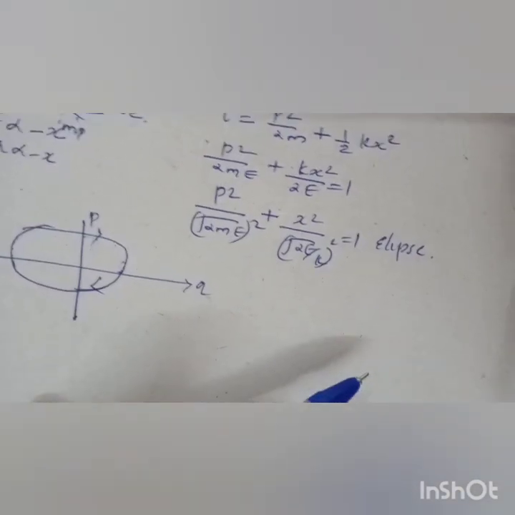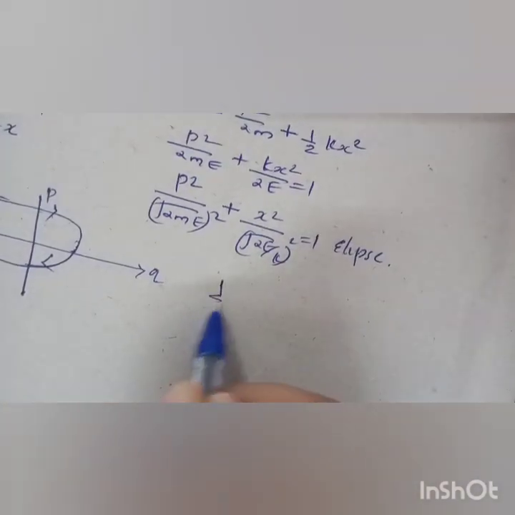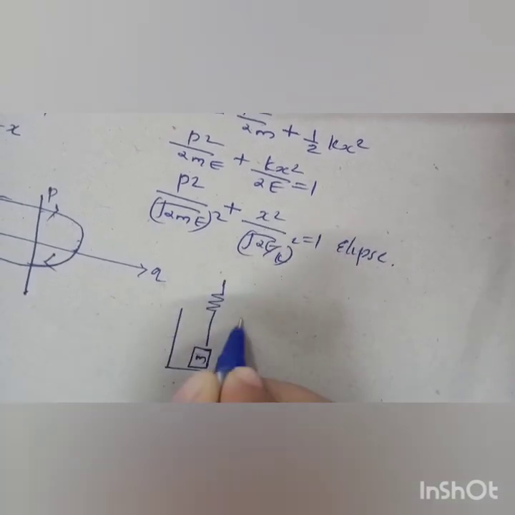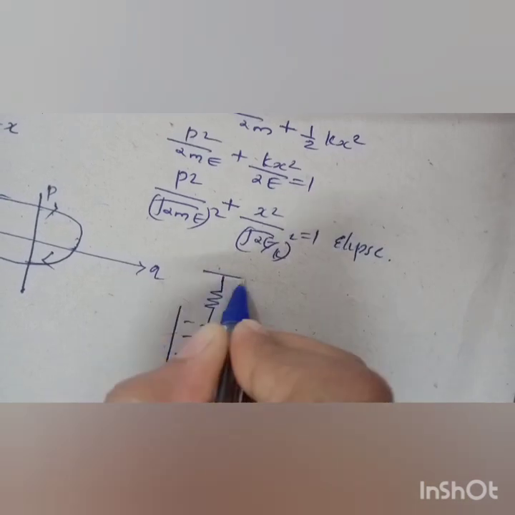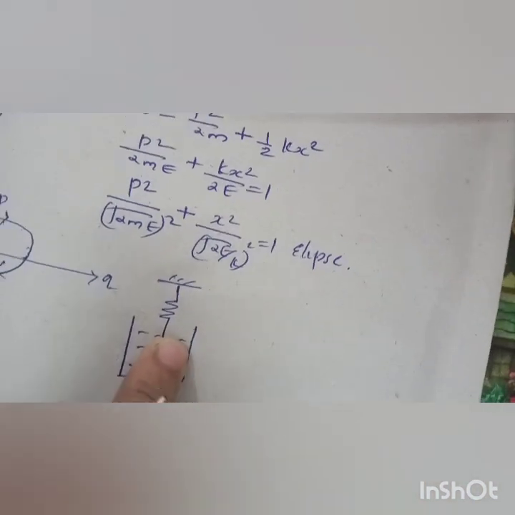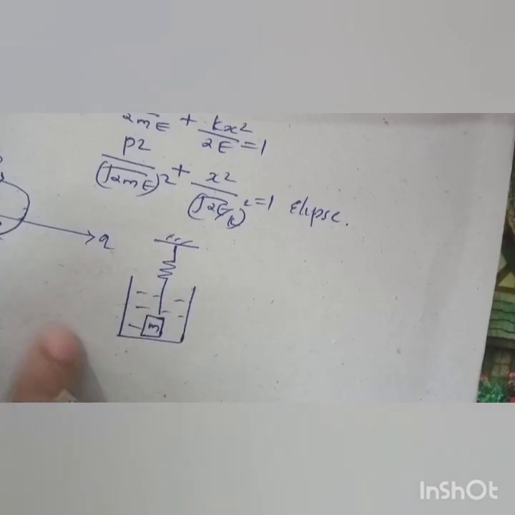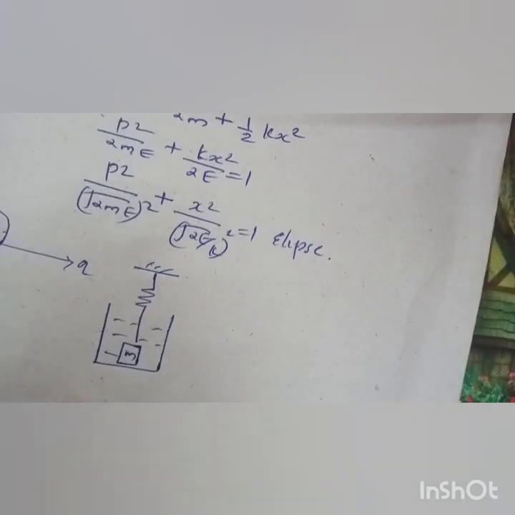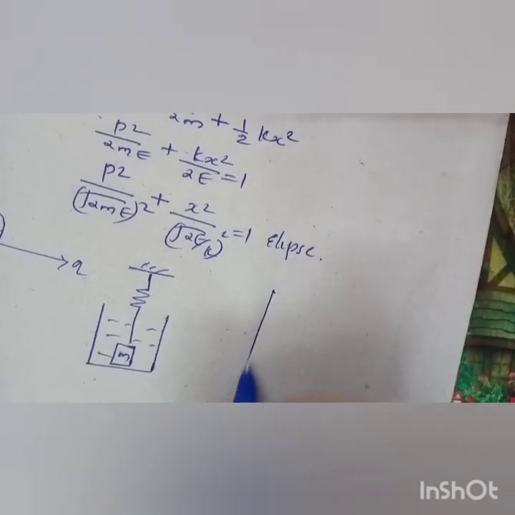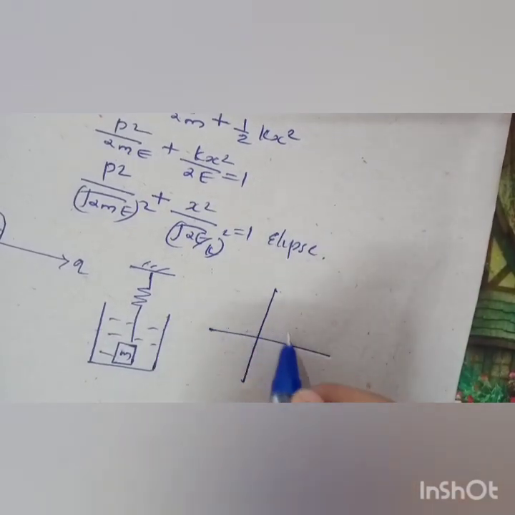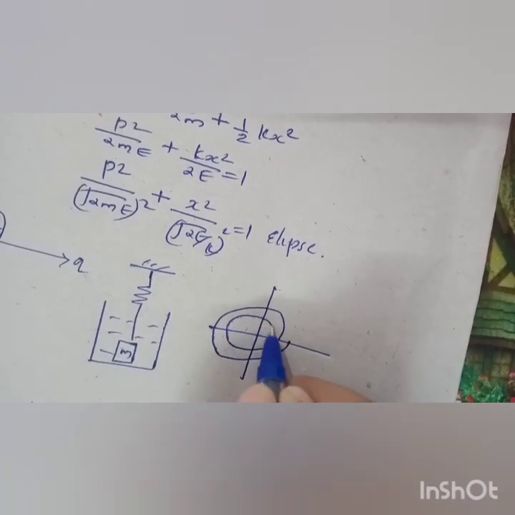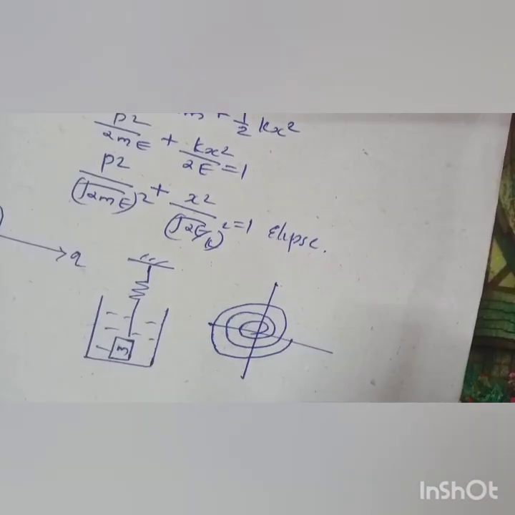Also, if you consider the linear harmonic oscillator placed in a beaker with water, we are considering the linear harmonic oscillator inside water. So this is a damped oscillator. The phase space is an ellipse, but it is decreasing like this.